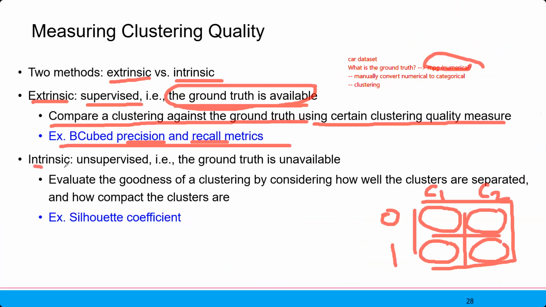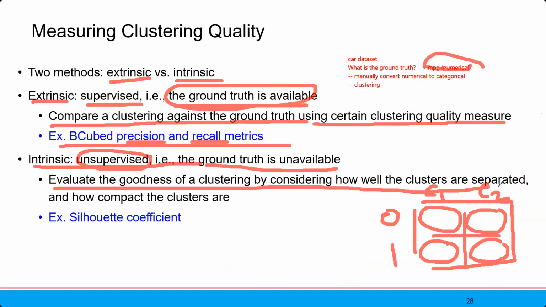The other type is intrinsic. In the intrinsic, it is unsupervised, so the ground truth is unavailable. We need to evaluate the goodness of clustering by considering how well the clusters are separated.